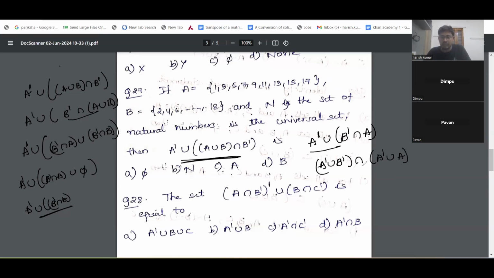Now what is A complement union A? It is the universal set. Yes or no? So this is the universal set, which is N.